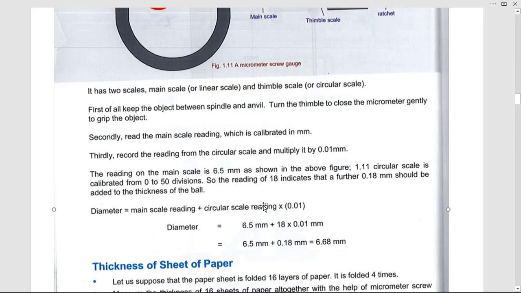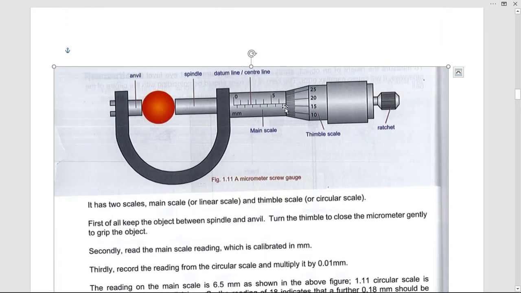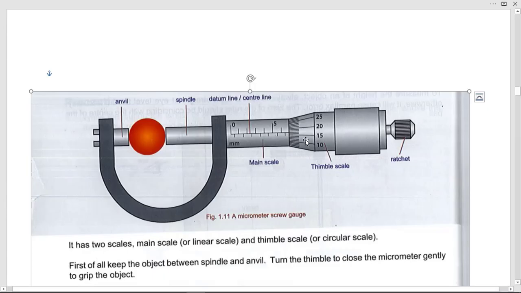Got it? Okay, after that, for the remaining distance after 6.5, you have to read these lines. You can see here 10, 15, 20 and 25. Now I'm going to enlarge the picture so you can get a better idea. Now see here, if we see the other lines here, 15, 16, 17, 18, we have to see which line exactly coincides with this line.